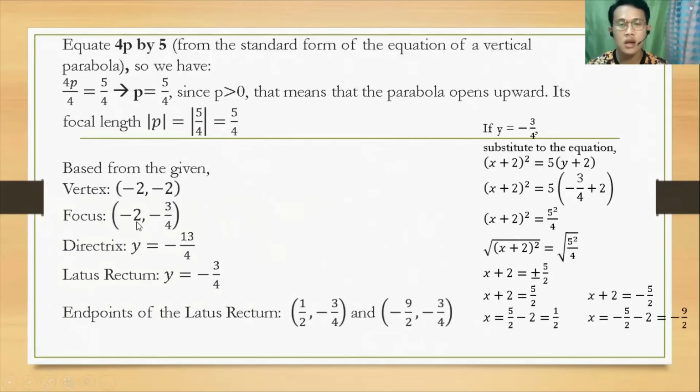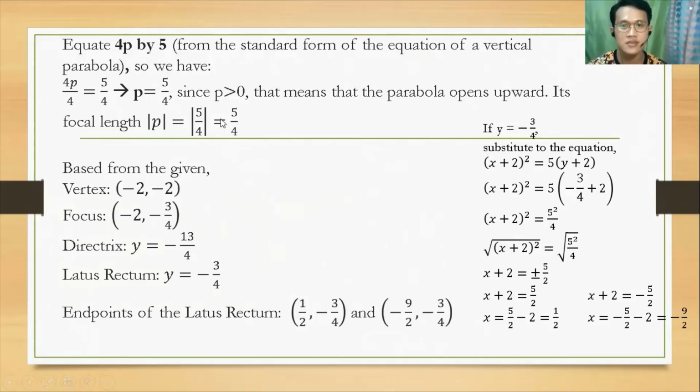Remember that your focus is aligned with your vertex for the x value. And how did you get the y value of our focus? Determining the y value of our focus is all because of our focal length.